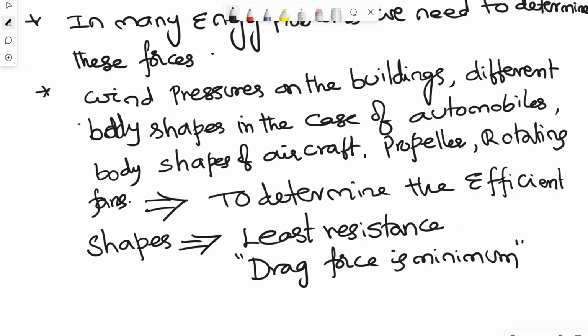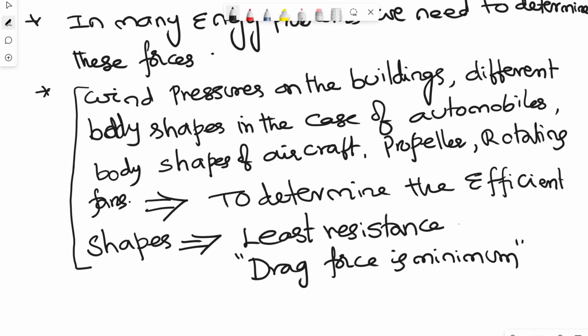In all these cases, we study whether the drag force can be minimized by changing the body shapes, whether you take automobiles, aircraft, turbines, or centrifugal pump blades.